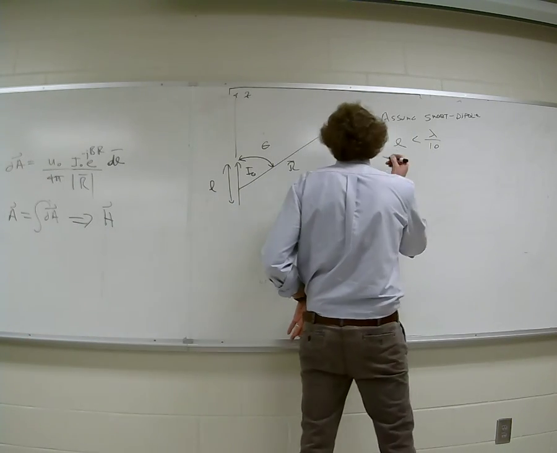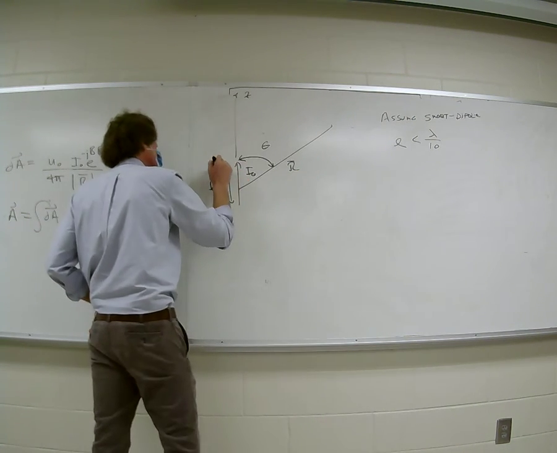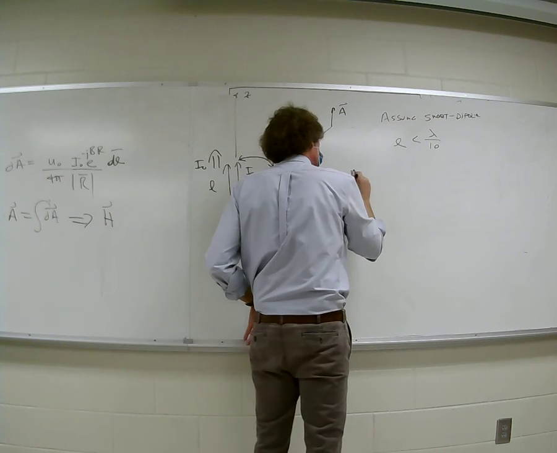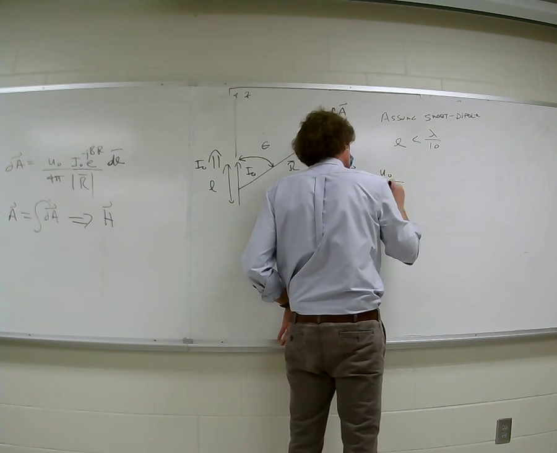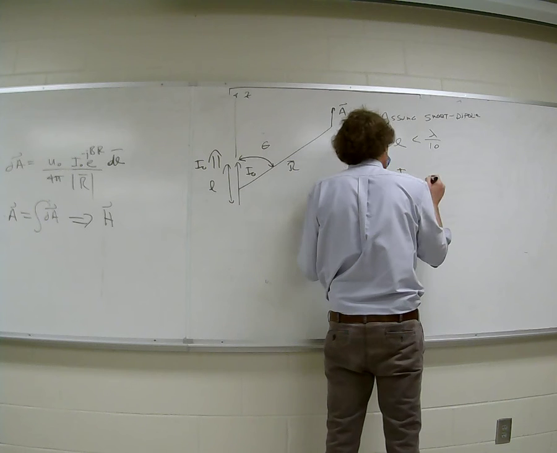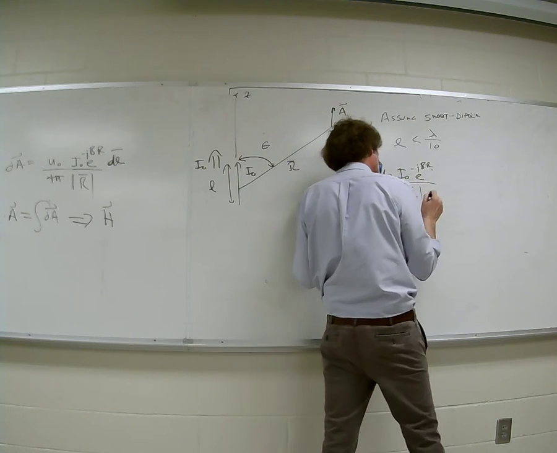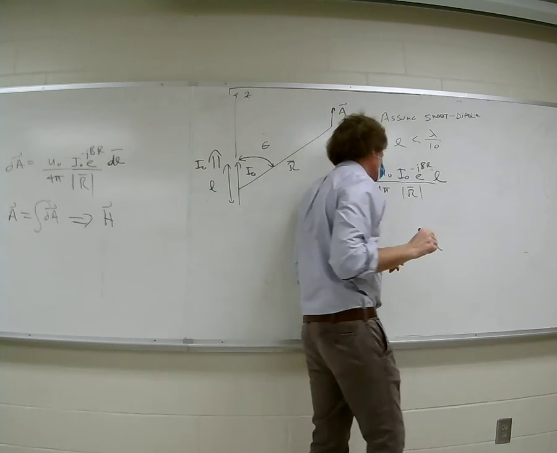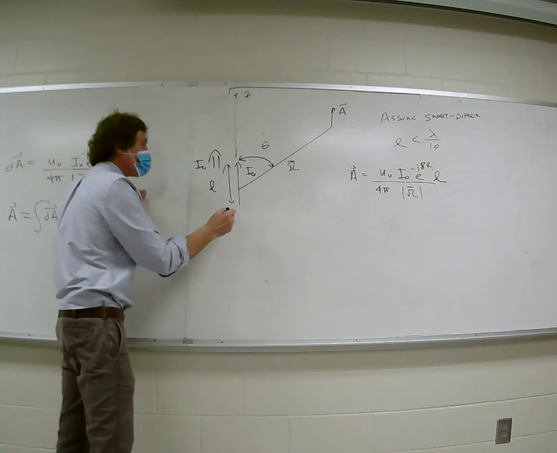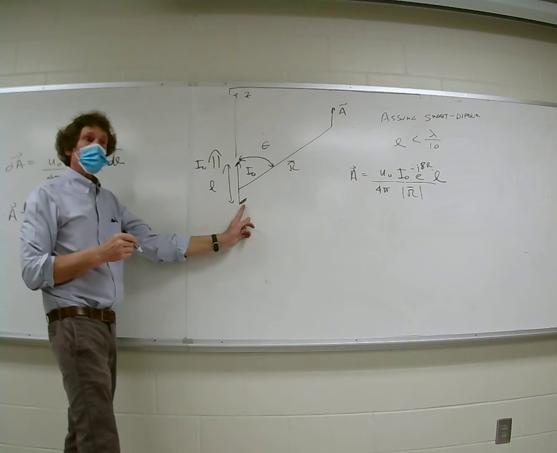If it's a short dipole, then you can say that A, and A would be in this direction, since that current's going up, would just be equal to mu 0 over 4 pi times I naught, whatever the current is there, e to the minus j beta r over the magnitude of r, and then times L. And that's A in a nutshell, because if we did the differential integration, because it's short, there is no appreciable wavelength distance from the bottom to the top, so there is no phase change in the information from here to here.